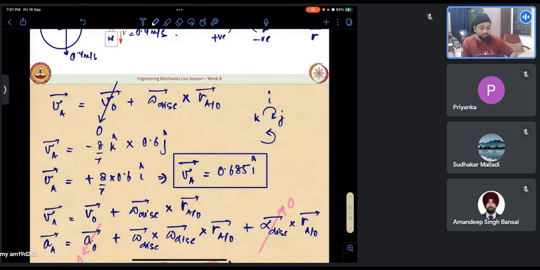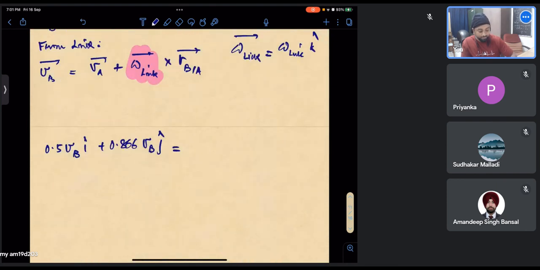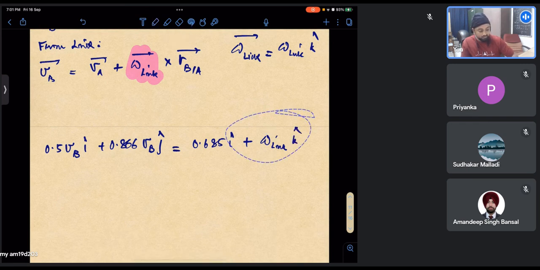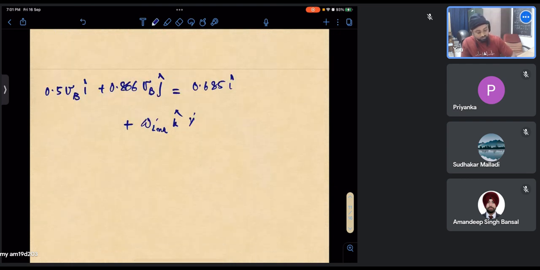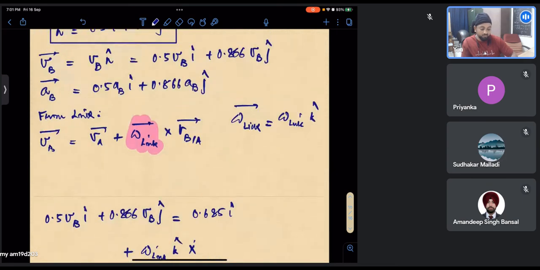We calculated it as 0.685 I plus omega link k cap crossed with what is RB with respect to A?